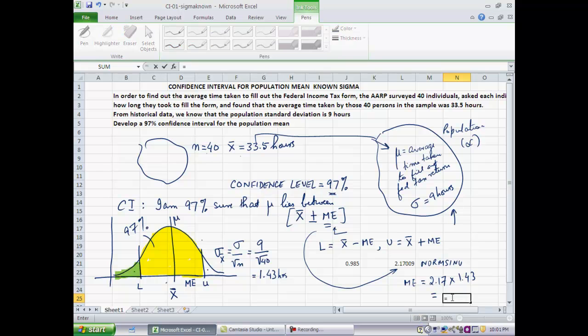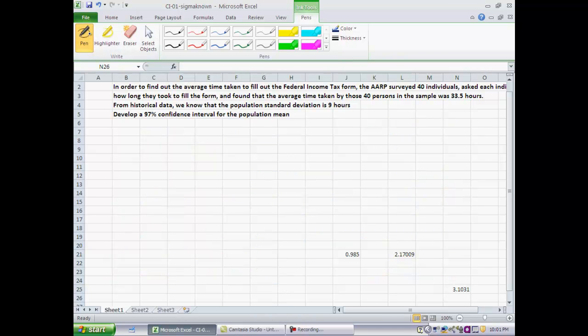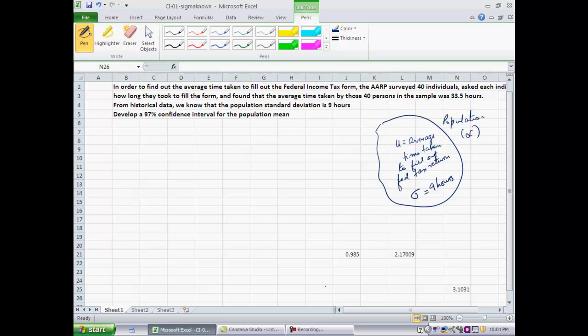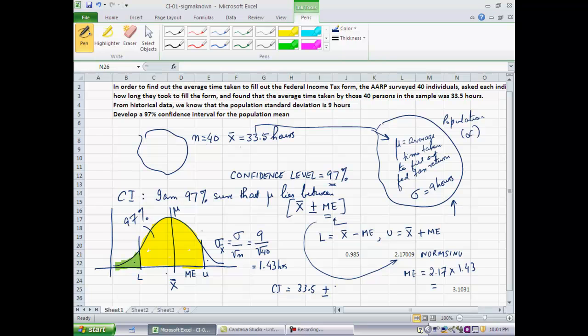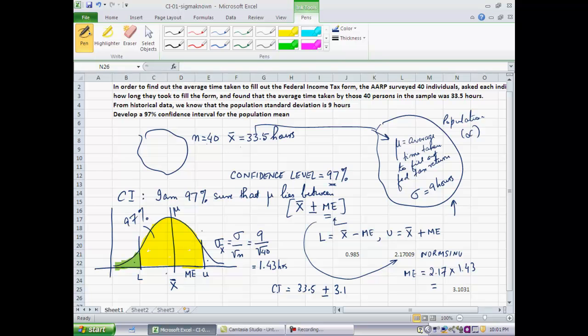It's equal to 2.17 times 1.43, so it's 3.1 hours. Therefore my confidence interval is equal to 33.5 plus or minus 3.1 hours.